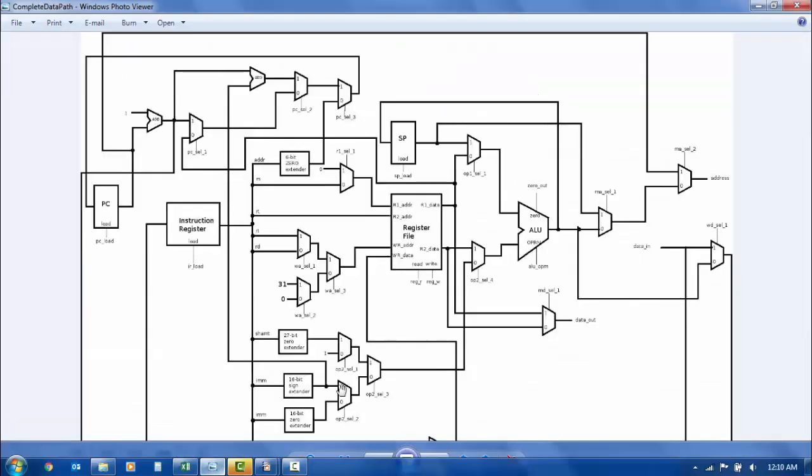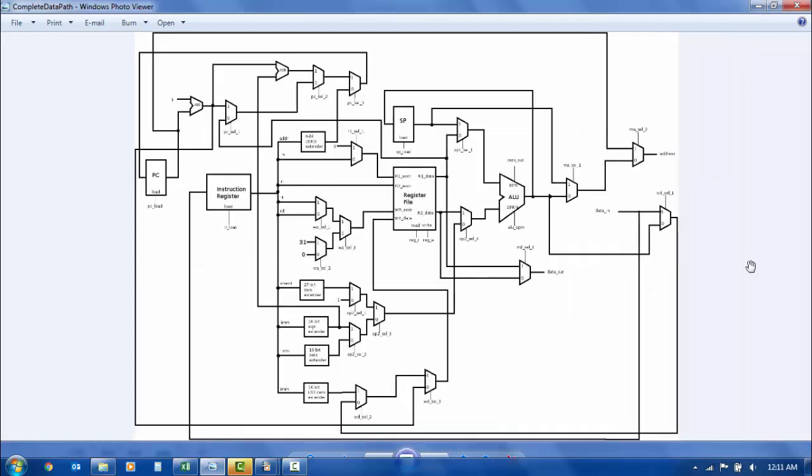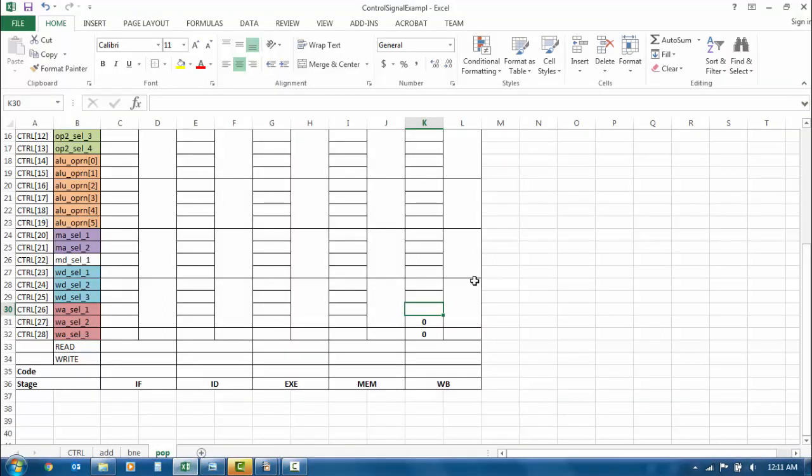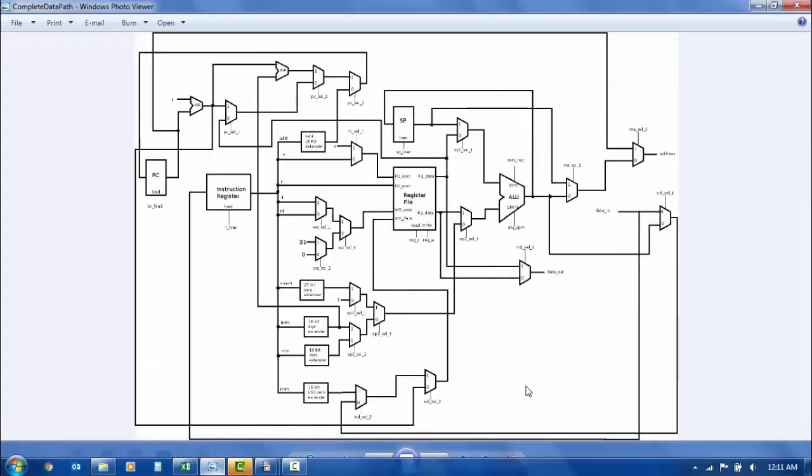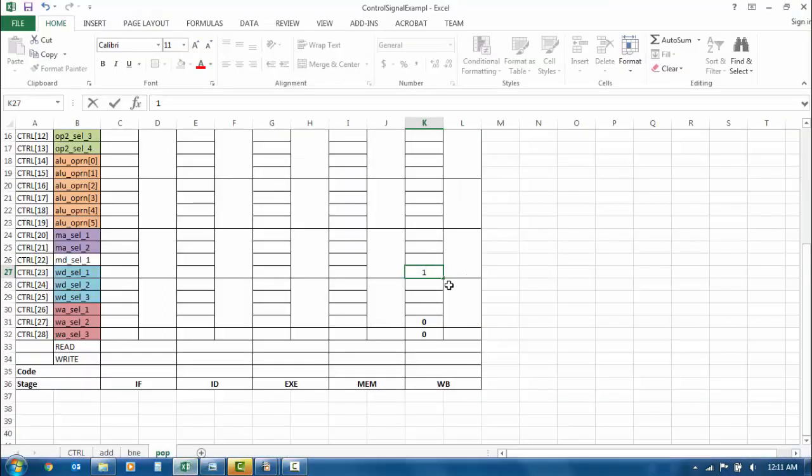How about data selection? The data is coming back from the memory, which is addressed by the stack pointer. So we must have WD selection as 1. Then that data must go through this guy, WD selection 2 as 0, and how about that one?